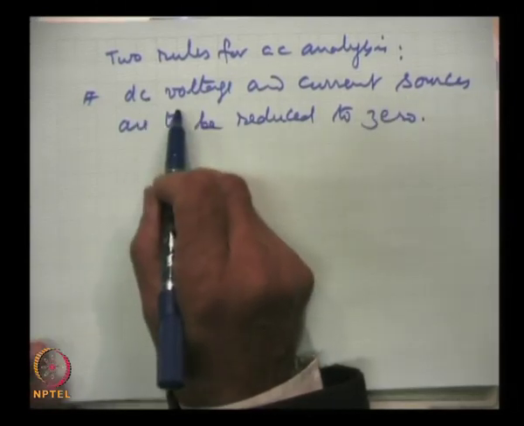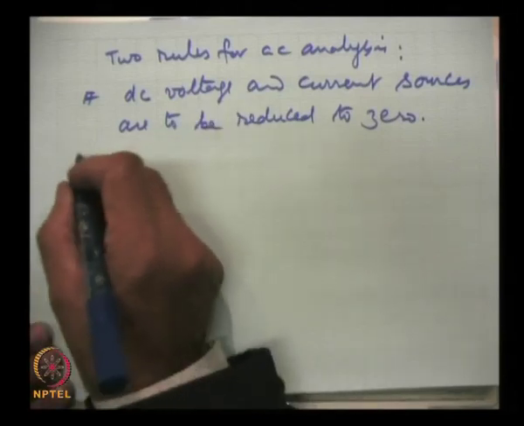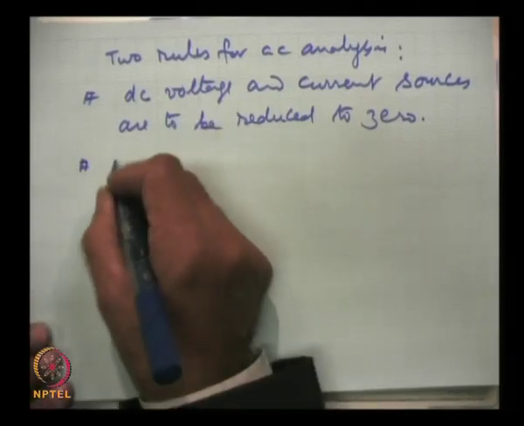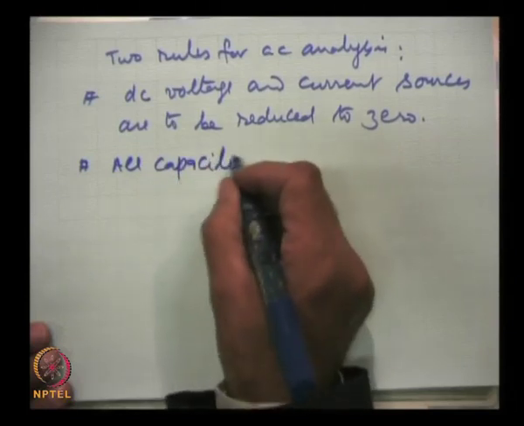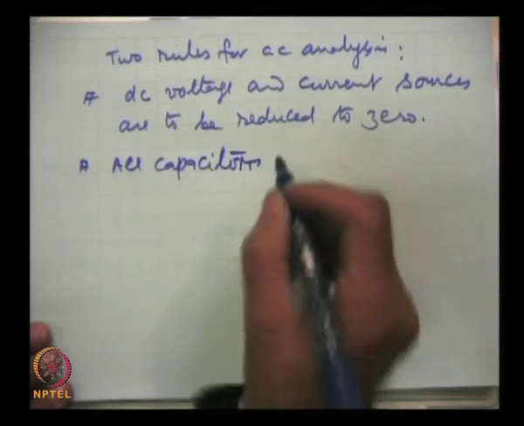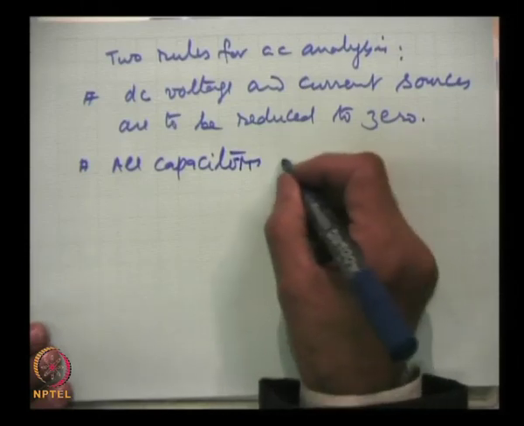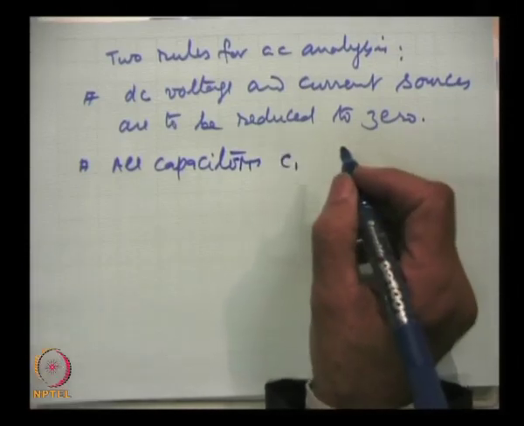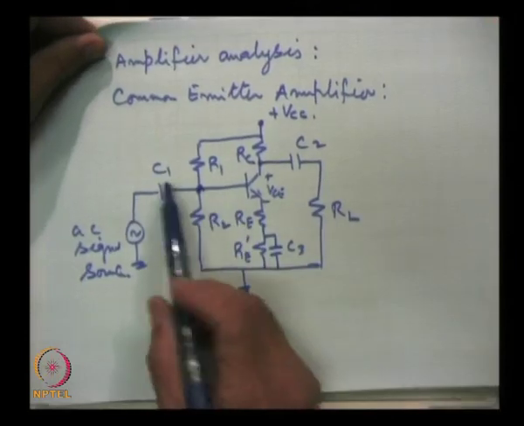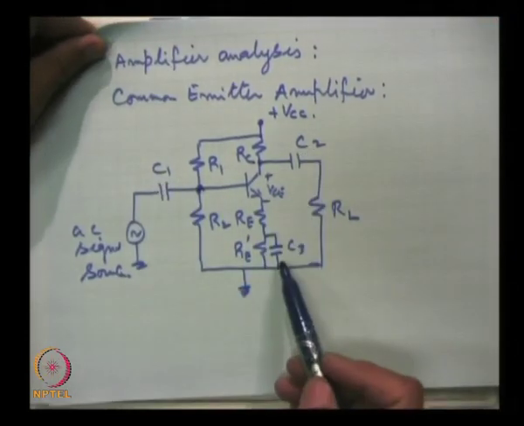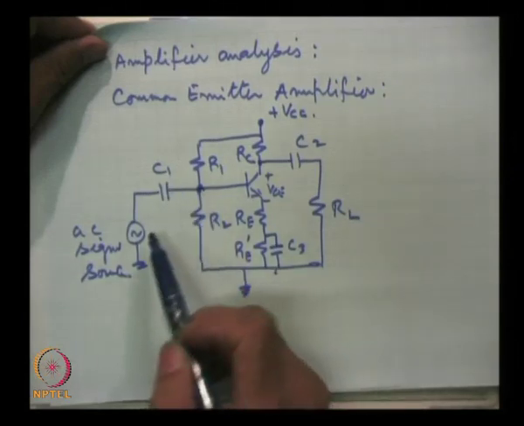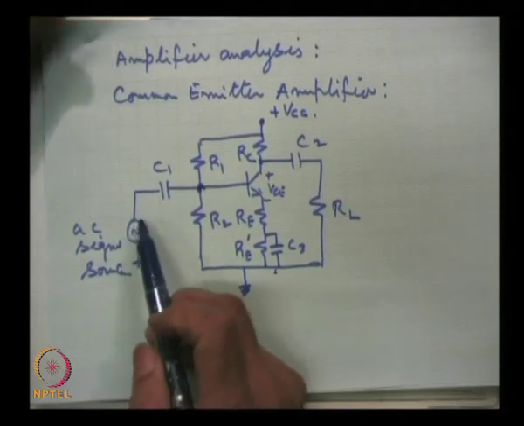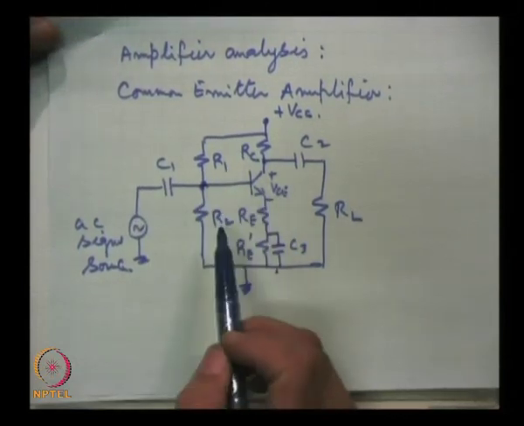And all capacitors, C1, look here in this circuit, C1, C2 and C3, all these capacitors we have chosen of the right value, taking into account the frequency region in which this amplifier is supposed to work.